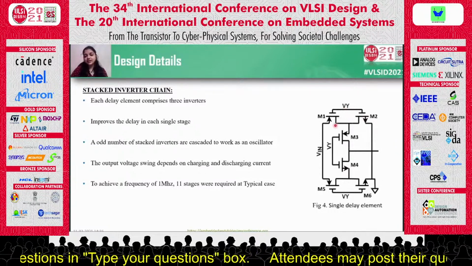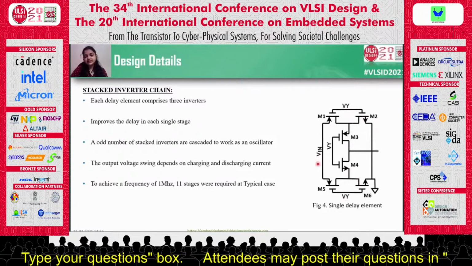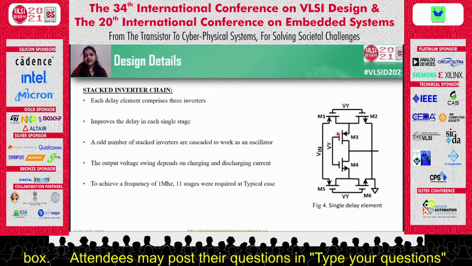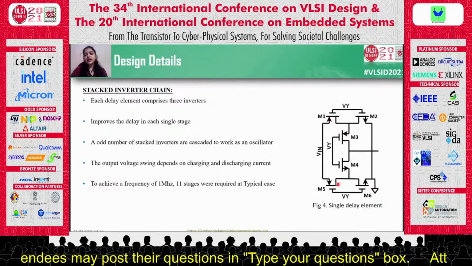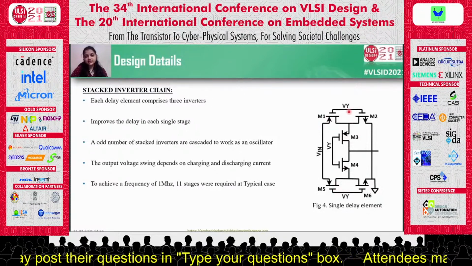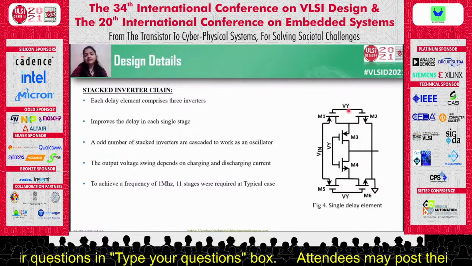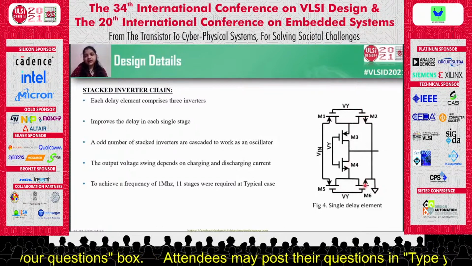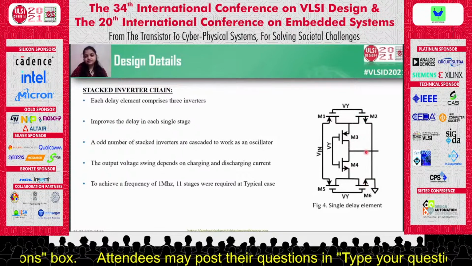Here, Vy is the input of the inverters and Vin is the supply voltage. In the first cycle, M1, M3 and M5 will be turned on, that is when the input is low, and when the input is high, M2, M4, M6 will turn on and the rest will be turned off.